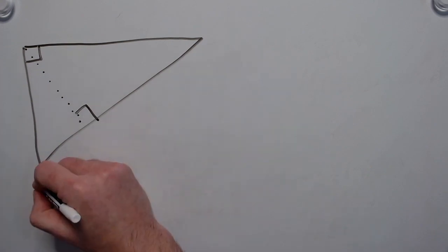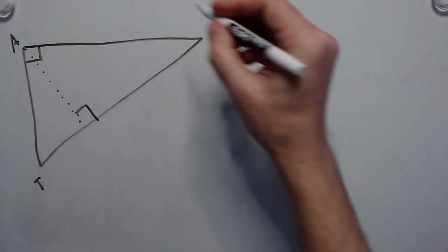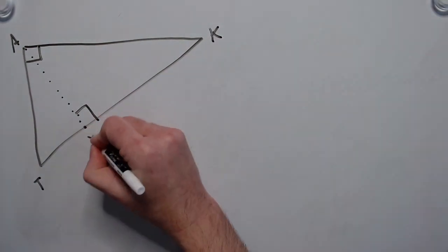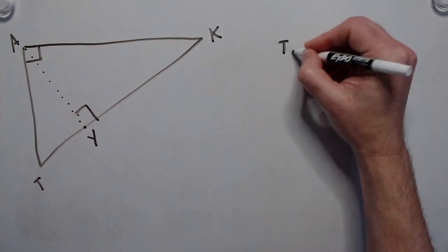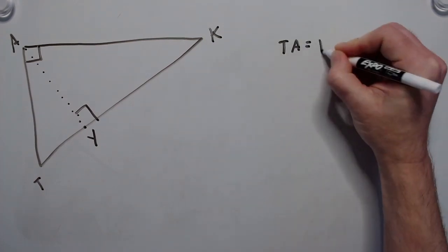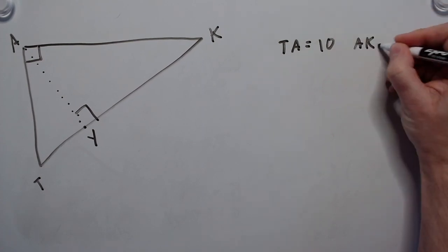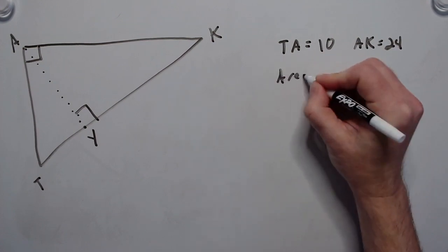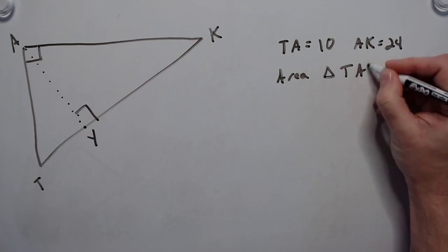We'll put some labels on here like T, A, K, and this point here is Y. We'll put some givens over here: TA is equal to 10 and AK is equal to 24. And we want to know the area of triangle TAK.